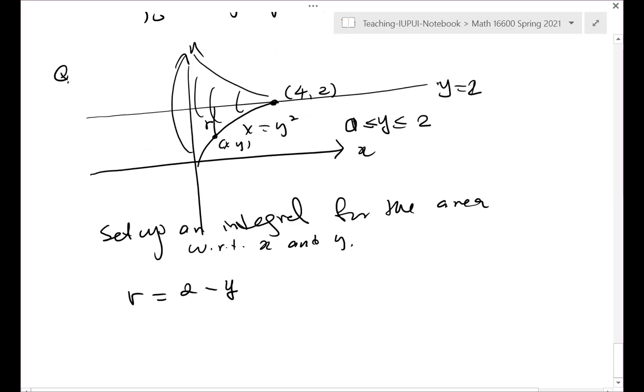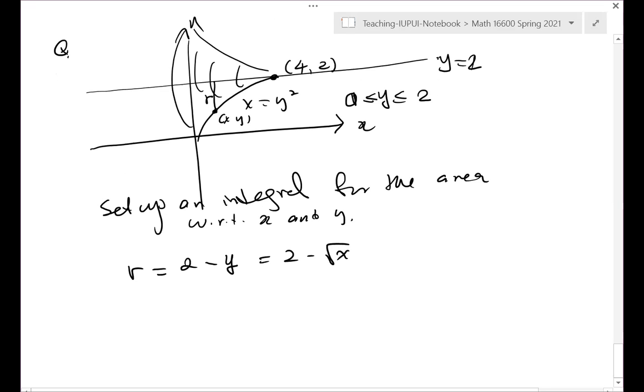That is a difference here. And you have to draw the radius. And the relationship between x and y: y could also be the square root of x, depending on which variable you're going to use. That's it. We're done.